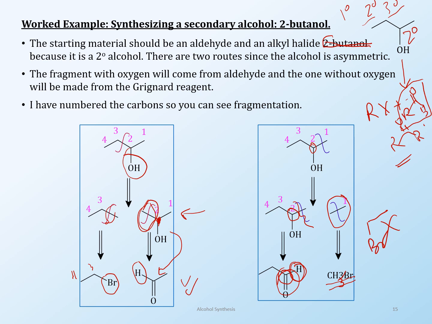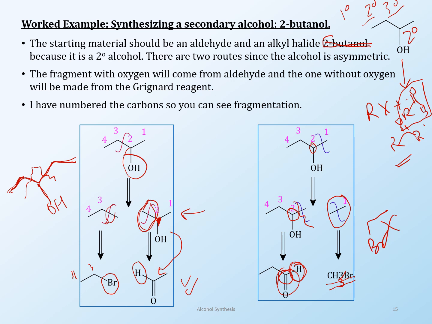So you can have 2 fragmentations. Why did we have 2 fragmentations? We had 2 fragmentations because our alcohol was asymmetric. Now, if you had something like this, which is also a secondary alcohol, whether you fragment here or here, you're going to get the same starting materials, and you can try that on your own.